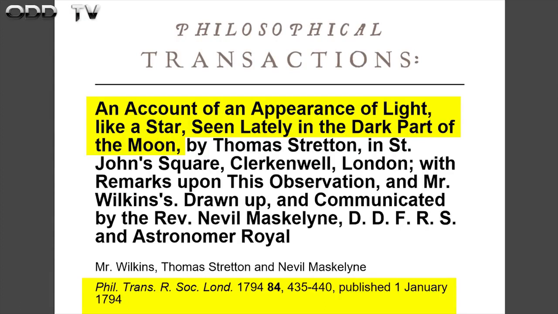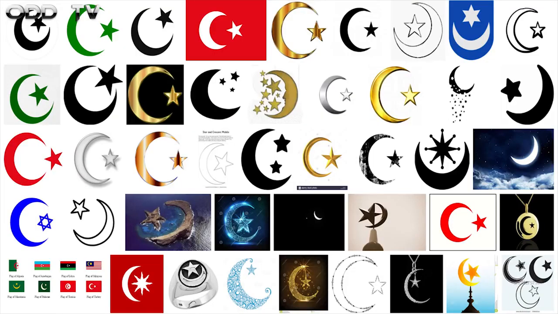It says, an account of an appearance of light like a star seen lately in the dark part of the moon. You can download and read the whole PDF from the Royal Society website. This is why we have so many depictions of this throughout the world. But NASA and others maintain that the moon is a physical body that man can land on and visit. But only in the late 60s, early 70s.